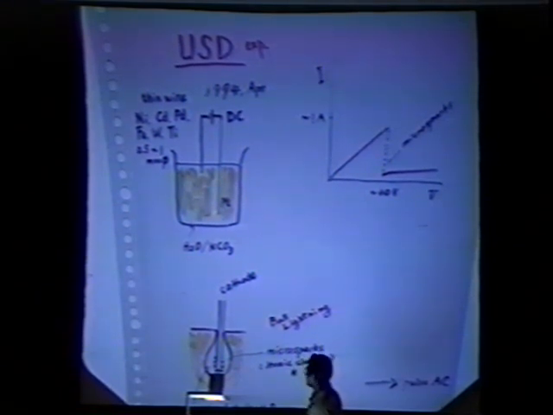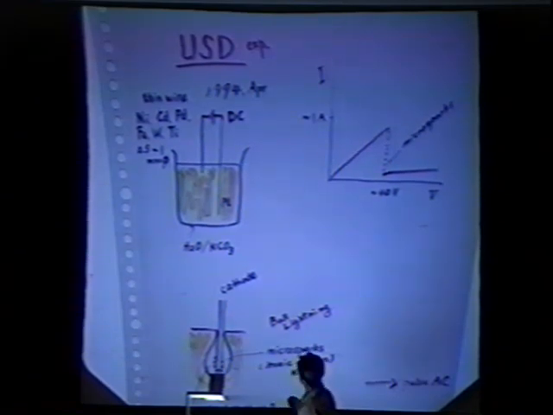Here, a 50 millimeter beaker, a thin metal wire, 0.5 to 1 millimeter in diameter. The thinner material is used, and the reference platinum and DC charge.